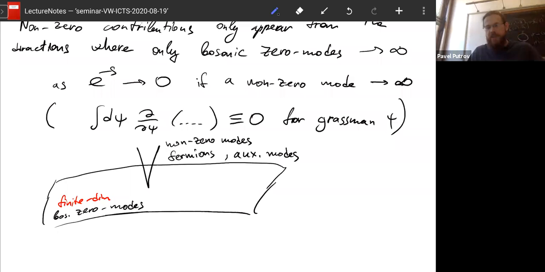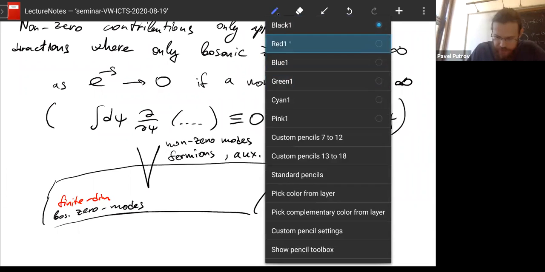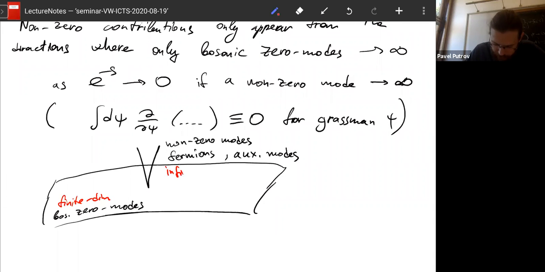For auxiliary modes, the quadratic part in the action has no derivative, so even if you take zero auxiliary field, e to the minus action will go to 0. So this part is infinite dimensional.